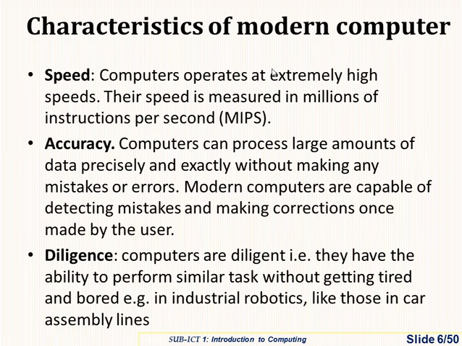So what are the characteristics of a modern computer? What makes a modern computer special? What makes a computer different from a human being? One is the speed. Computers operate at extremely high speeds. Their speed is measured in millions of instructions per second.